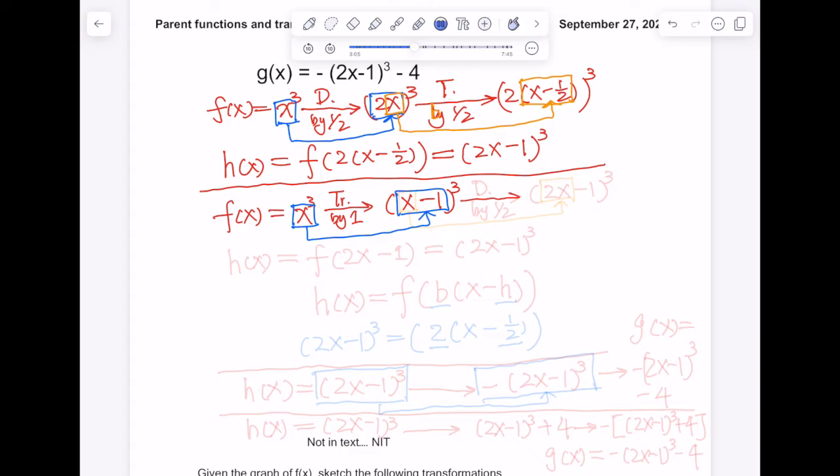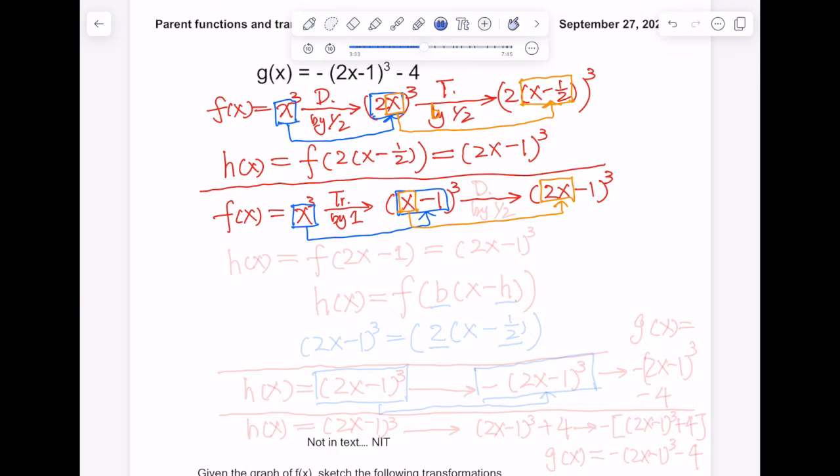And next, you will do horizontal dilation by a factor of half. You will get 2x minus 1 cubed. You did so by replacing every x in the previous function by 2x.